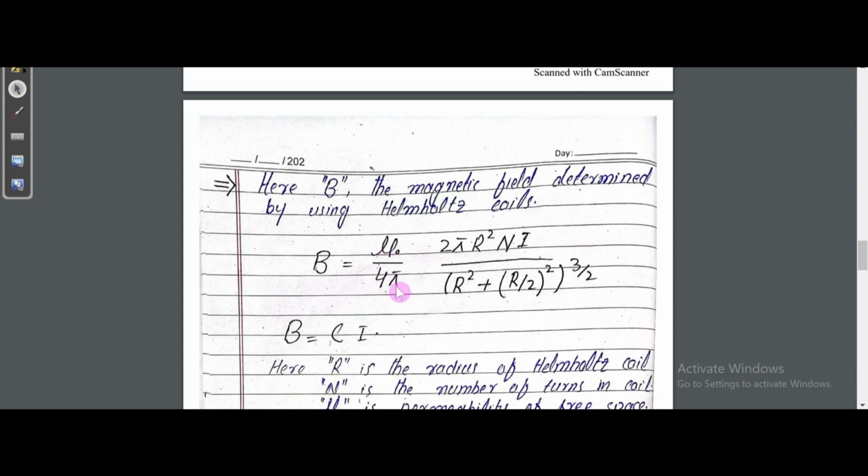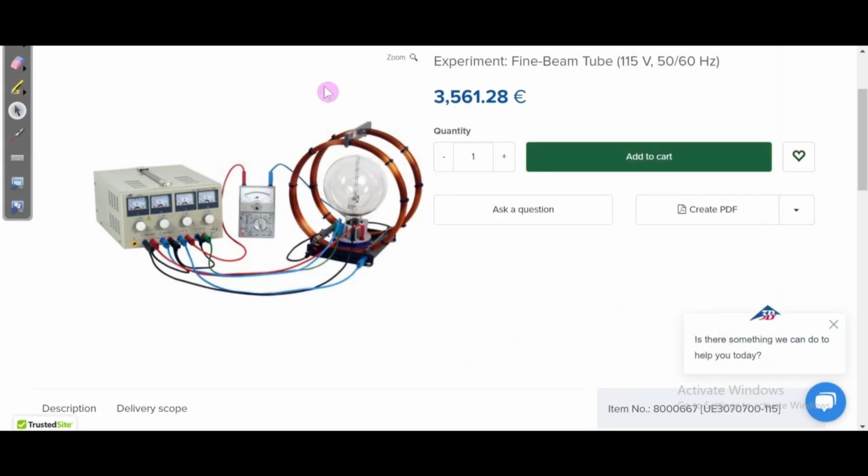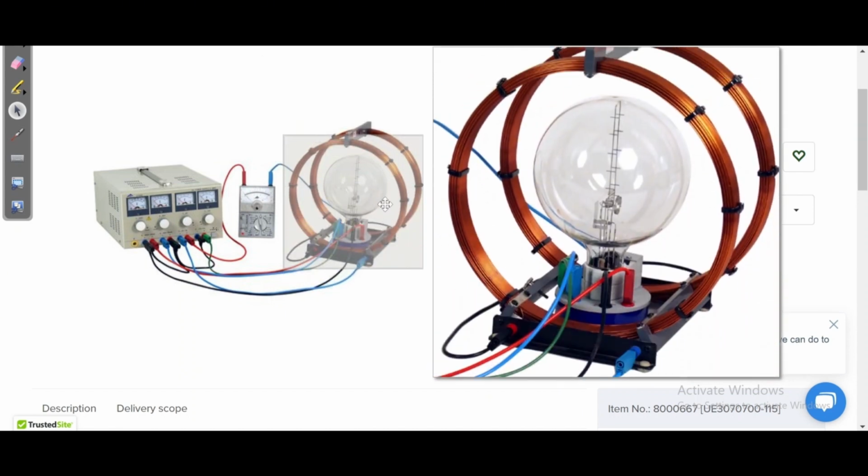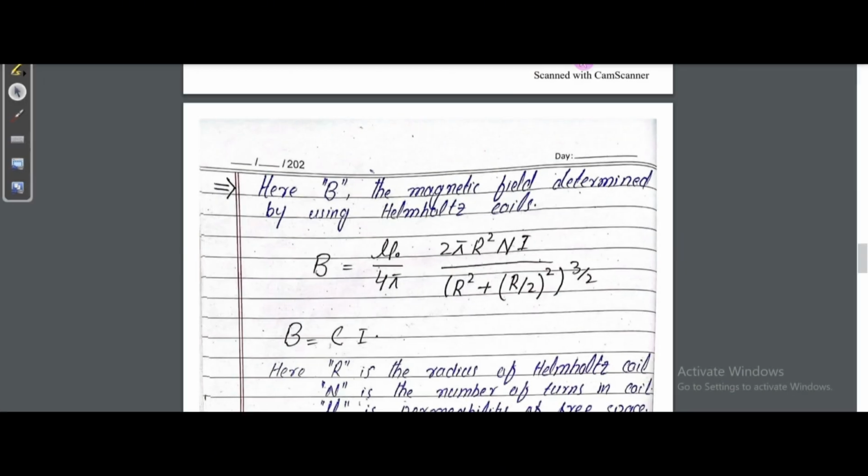This 4 and 5 is constant, and for 5 we use 3.14, and similarly 2 and pi is constant. And here this capital R is the radius of that coil, the radius of this Helmholtz coil. This coil will have some radius, and we will put that radius here.